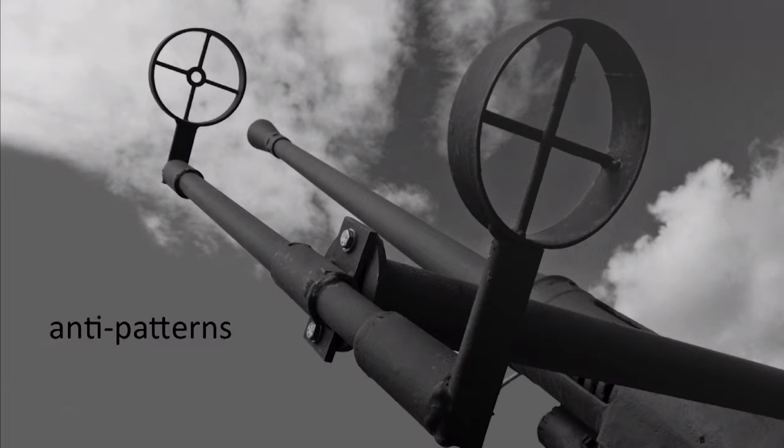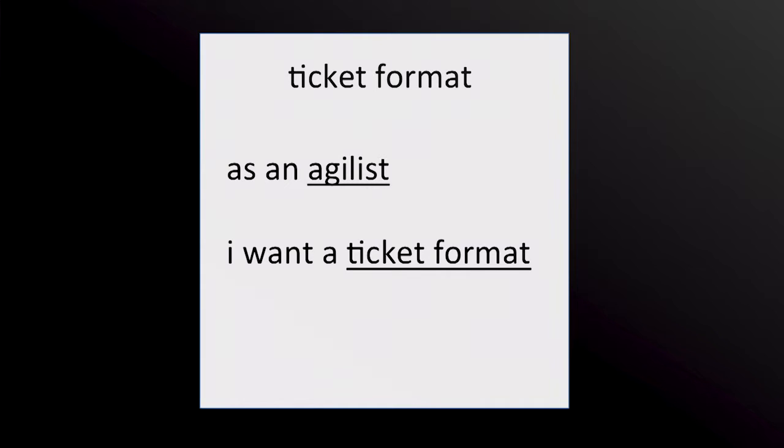What are some common anti-patterns that I see in organizations adopting Agile today with regards to user story format? Here's the most common one I see today. It looks like the user story ticket that we saw earlier, but you've noticed that they've neglected one line of the ticket. That is the 3rd line, the value statement.